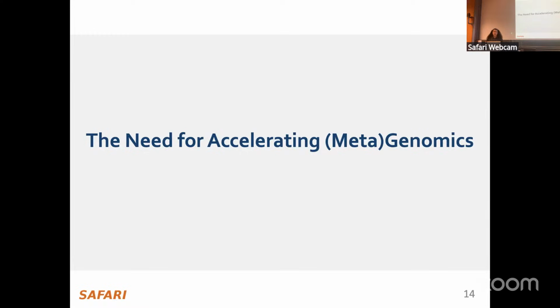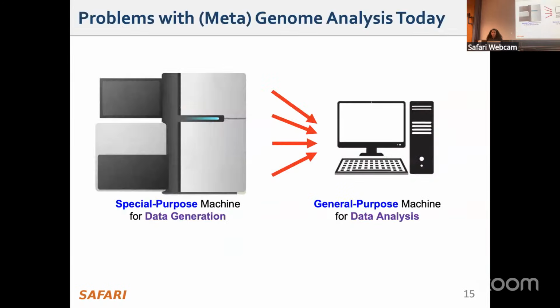Okay, so that was a high-level background that we need for genomics and metagenomics for this talk. And now I will talk about the need for accelerating it and some of the examples. To generate this digital data from DNA molecules for us to analyze, we rely on special purpose sequencing machines for data generation. And they have very high throughput, and their throughput has been increasing at a very fast rate. And their cost has been also dropping really quickly as well. So relying on our conventional computing systems to analyze this volume of data leads to a huge throughput mismatch.